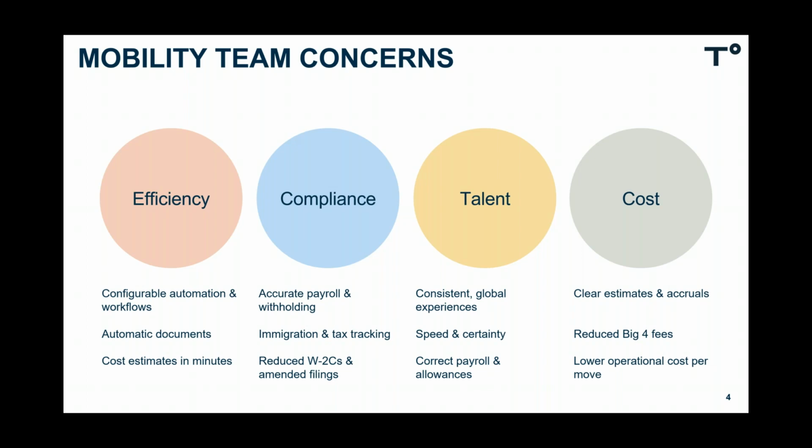Global mobility team members are spending a lot of time putting together offer letters, assignment documents, and other types of documents that are required from a compliance perspective to get the employee relocated. But with tools in place, this can all be automated. Similarly, getting cost estimates out to the business.